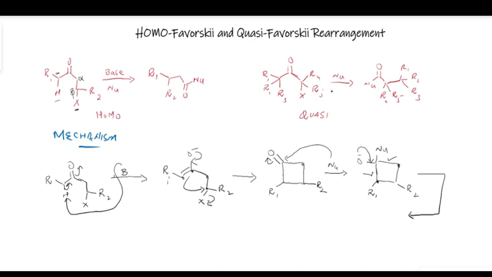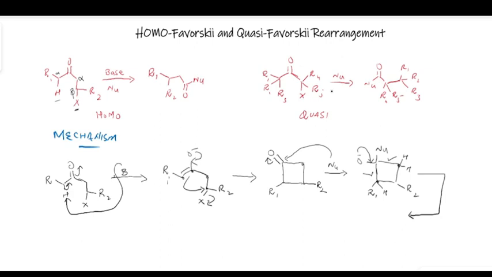But in this scenario, in the example that we have, the two carbons are not symmetrical. One is a secondary carbon, this one, with two hydrogens attached to it, and the other one is a tertiary carbon with three carbons attached to it and one hydrogen.